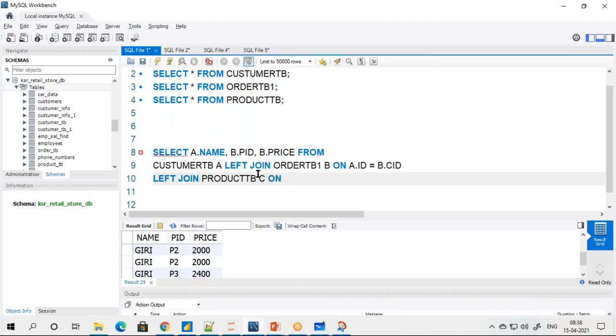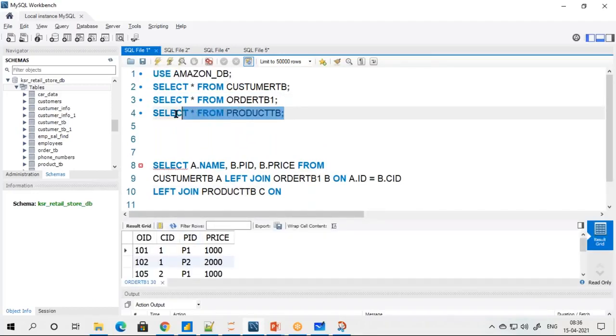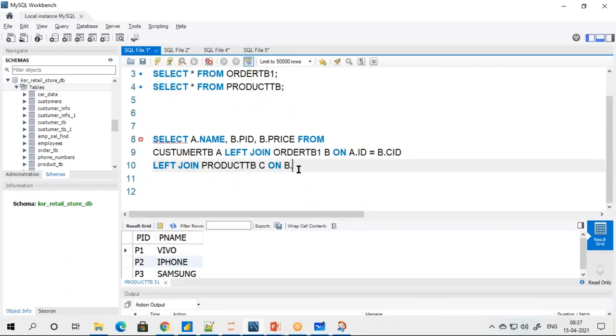What is common between this and this? In this I have PID, in this I have PID. So obviously it's going to be B dot PID equal to C dot PID. Don't you think I have joined 3 tables?